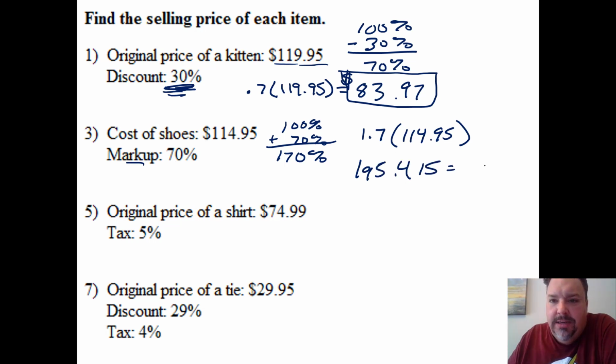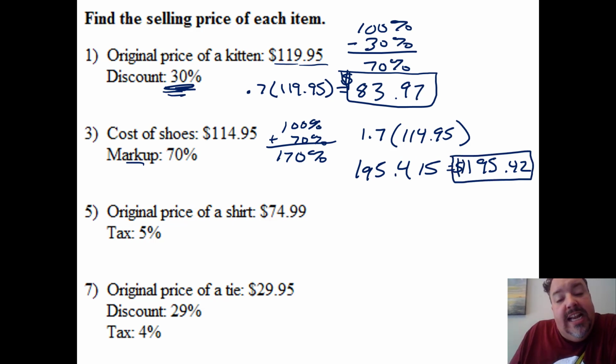Again, since we are talking about dollars and cents, that's going to be $195.42. And that should make sense because we would expect the price to go up by quite a bit. Always make sure that your answers are making sense as you're doing these types of problems. If it's a discount, the price should be going down. If it's marked up or if it's taxed, then the price should be going up.